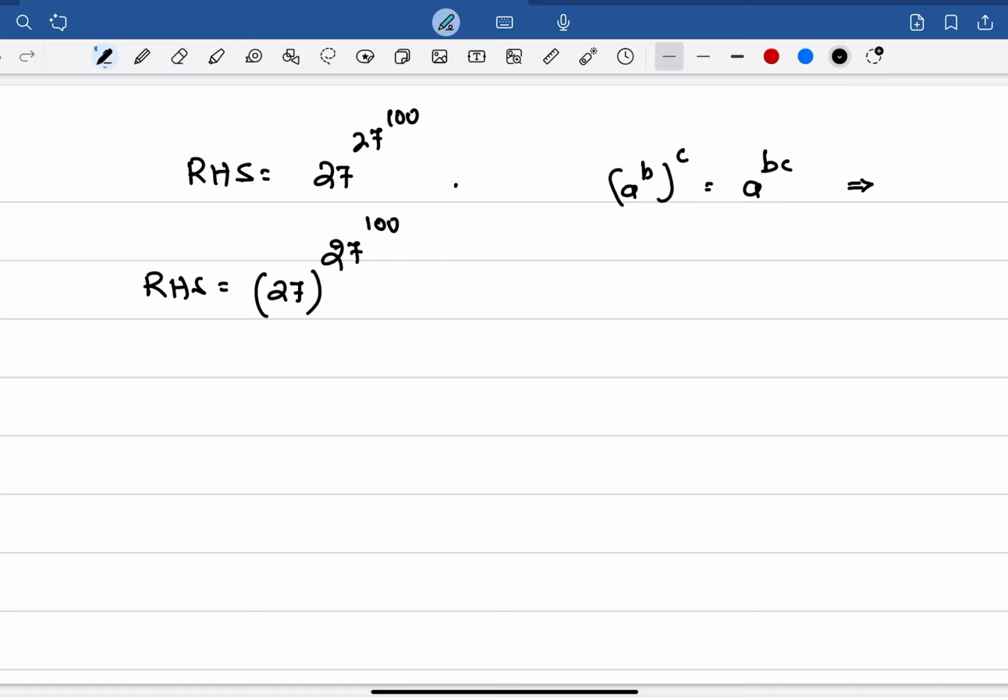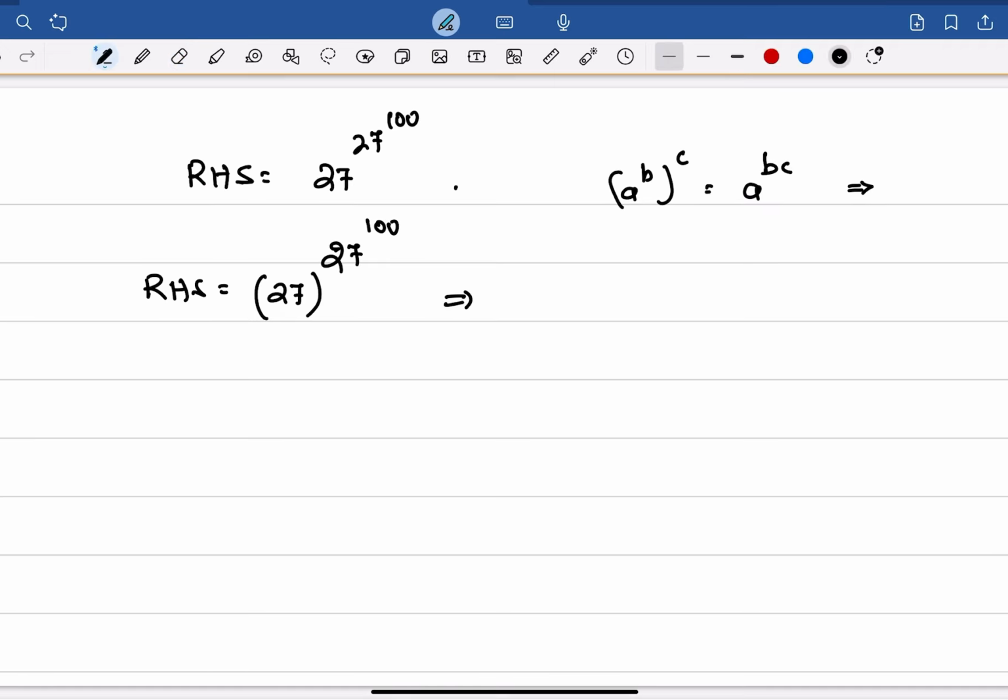This 27 can be written as 3 cube, since 3 into 3 into 3 is equal to 27.